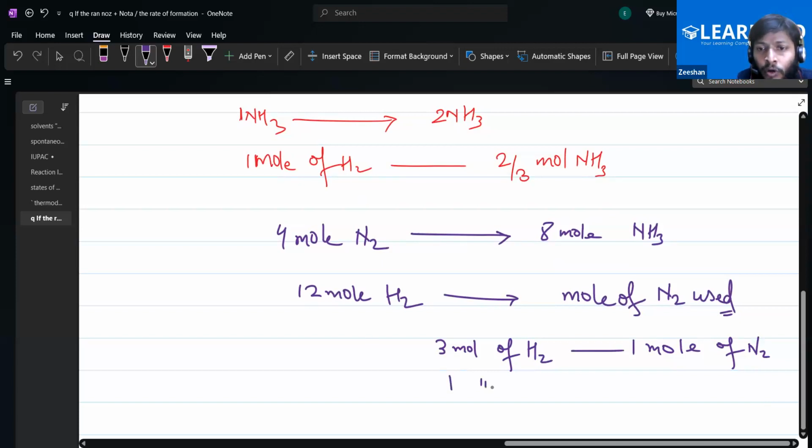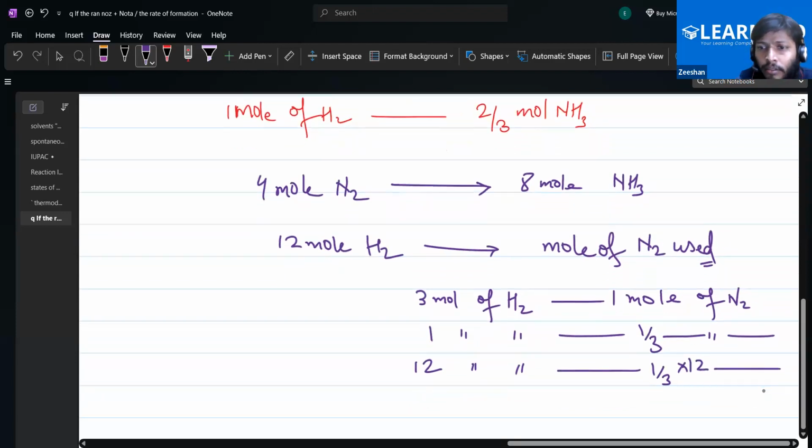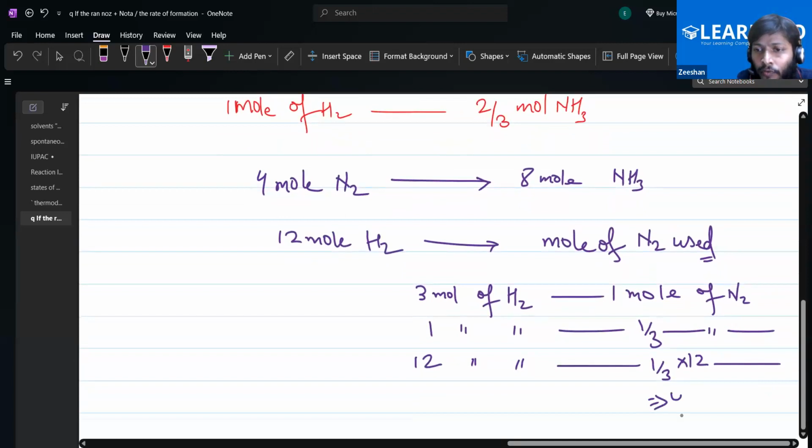So 1 mole of H2 will give 1 by 3 mole of N2, right? So 12 mole of H2 will give 1 by 3 into 12 mole of nitrogen, right? So finally 4 mole of nitrogen is being used.